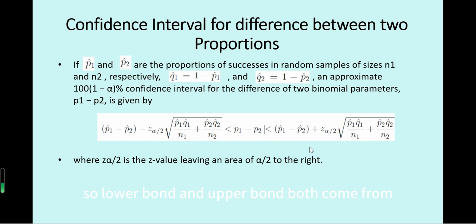The lower bound and upper bound both come from the sample information. The lower bound is the point estimate P1 hat minus P2 hat minus Z half alpha times the square root of the sample variance, and the upper bound is P1 hat minus P2 hat plus Z half alpha times the square root of the sample variance.